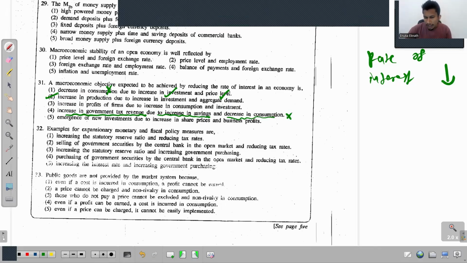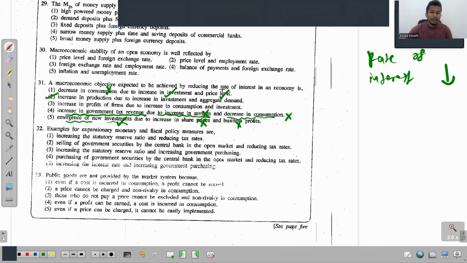No, the consumption will increase and the savings will decrease if the rate of interest is decreased. The fifth one, emergence of new investments. Yes, investments will increase, but due to increase in share prices and business profit, no, this is not the reason.